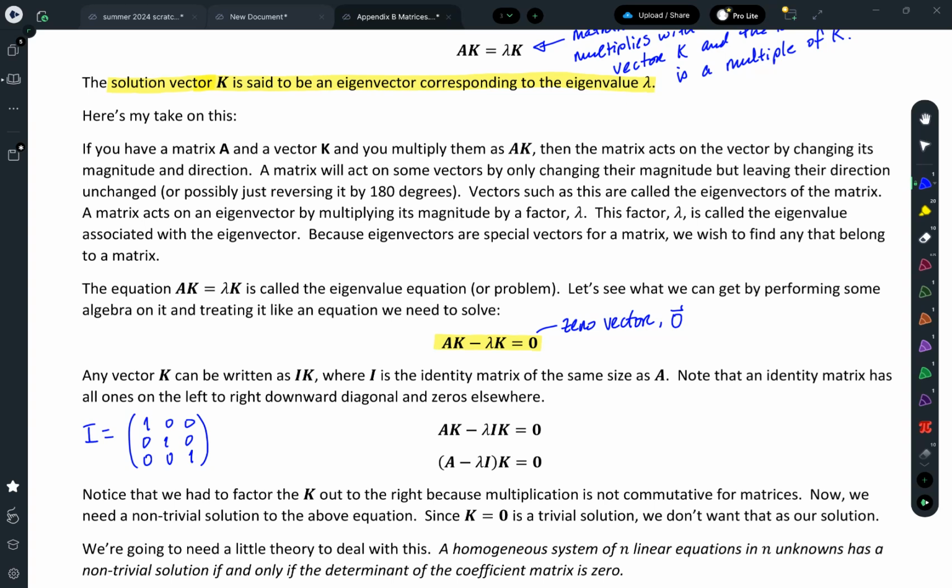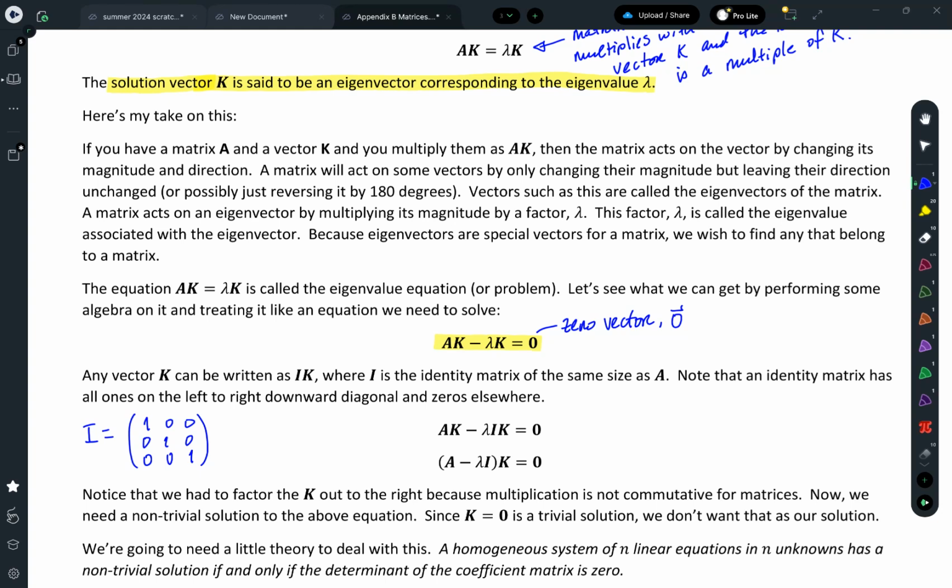And I is like the identity in multiplication for matrices, because just like the number 1, if you take I or 1 and multiply it by something, you get the something back. So I times k is just k. Note that an identity matrix has all ones on the left to right downward diagonal and zeros elsewhere.